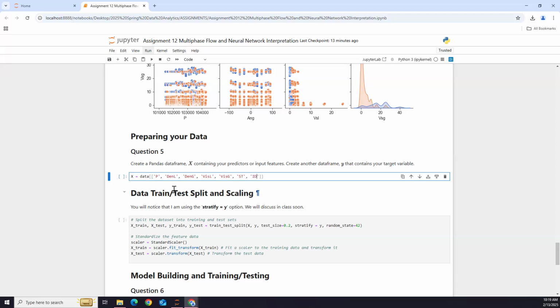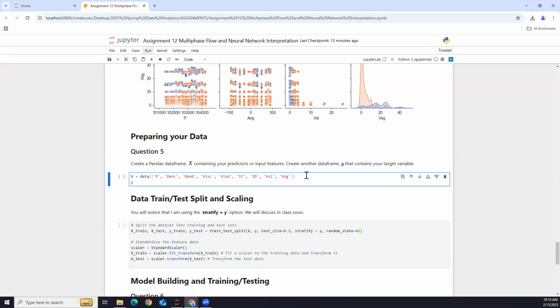We have the pipe ID, and we have the superficial liquid velocity. And we have the superficial gas velocity. Those are my inputs. And in case I did make a mistake, then it's going to let me know pretty shortly. And our target variable is the flow pattern.